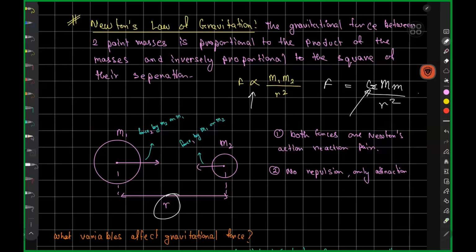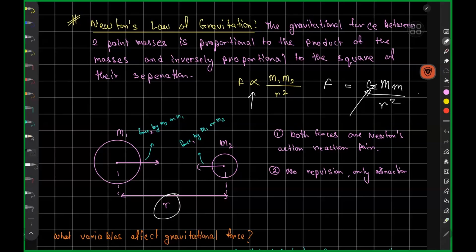So basically, they carried out lab experiments where they found out the difference in forces and they plotted it out. And from that, they found out, okay, these are the variables that matter. The mass of the objects matters, and how far I put the objects apart also matters.